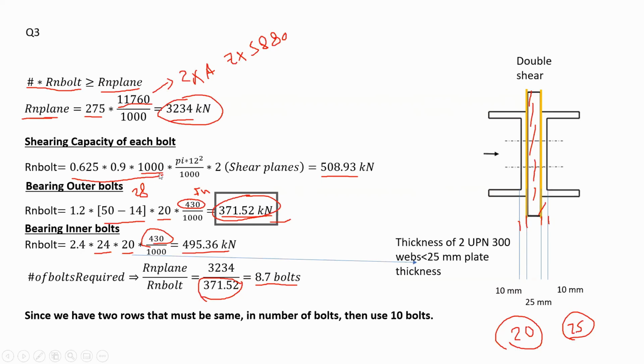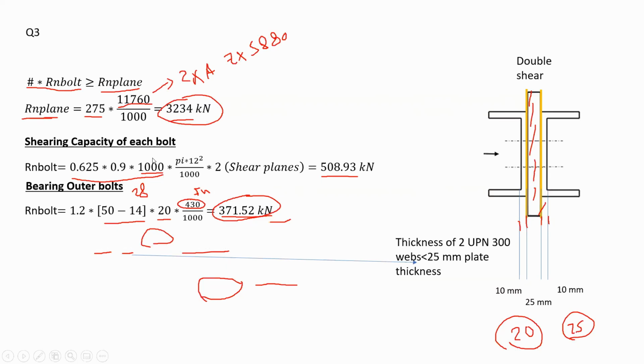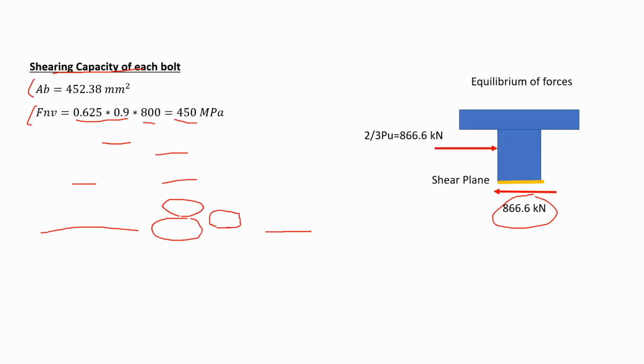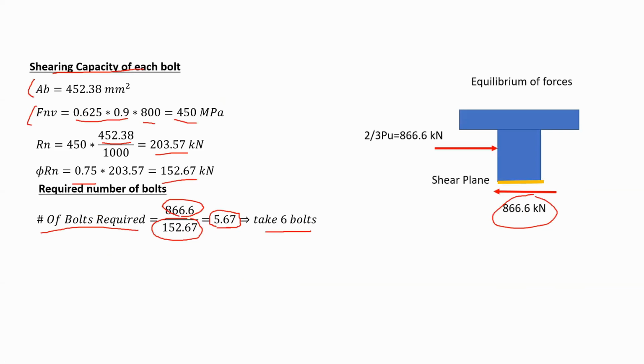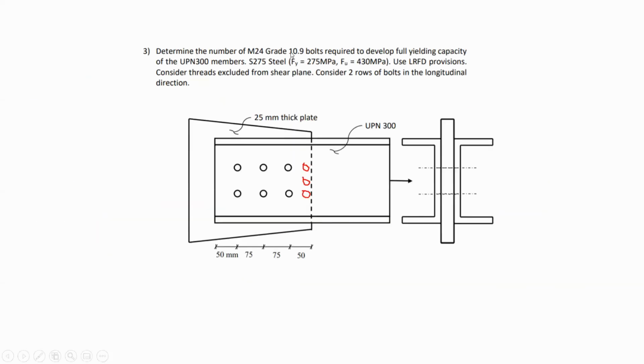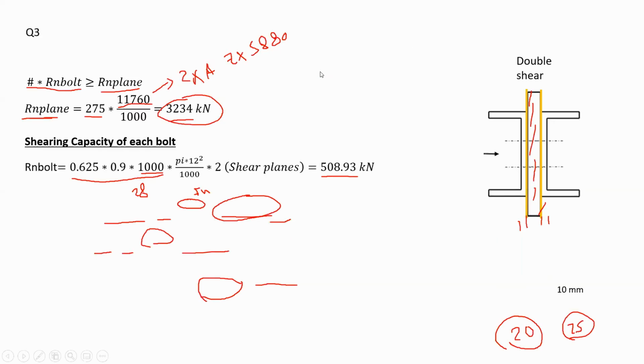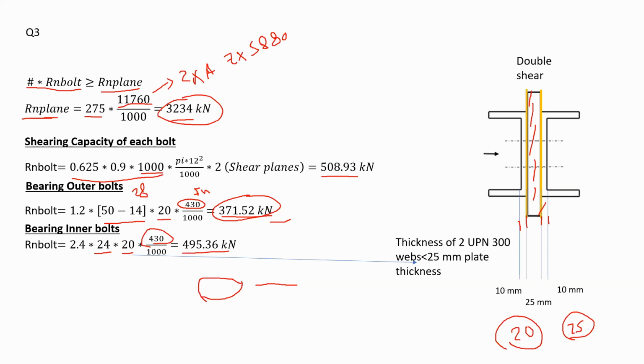Usually we say 800, but we are given in the problem that the grade is 10.9. The grade is 10.9, so the ultimate would be 10 multiplied by 100, that would be 1,000. Okay, hocam, I get it. Thank you. You're welcome. Any more questions, guys?